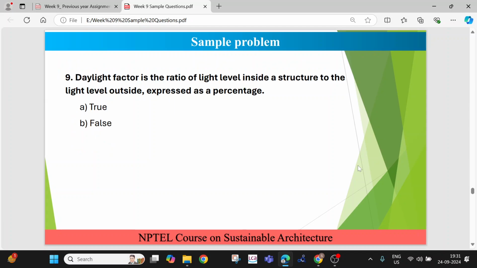Here is the ninth question, based on lecture 44 of week 9. Daylight factor is the ratio of daylight or light levels inside a structure to the light level outside, expressed as a percentage. So is this true or false?